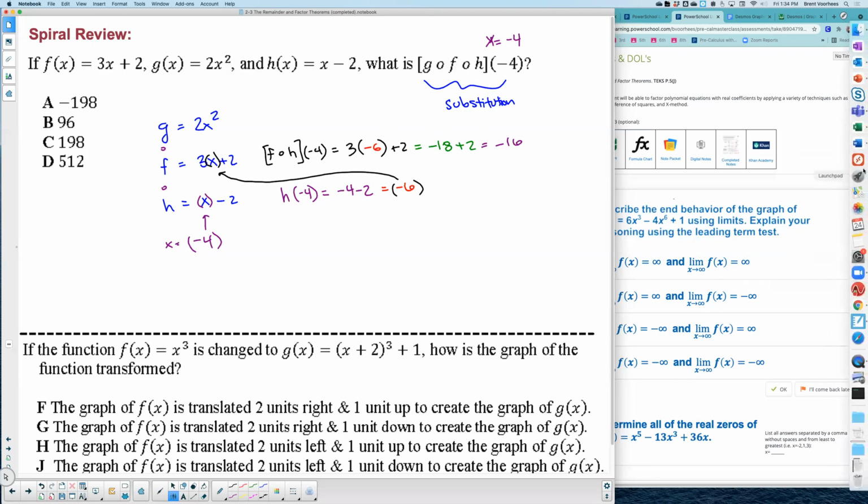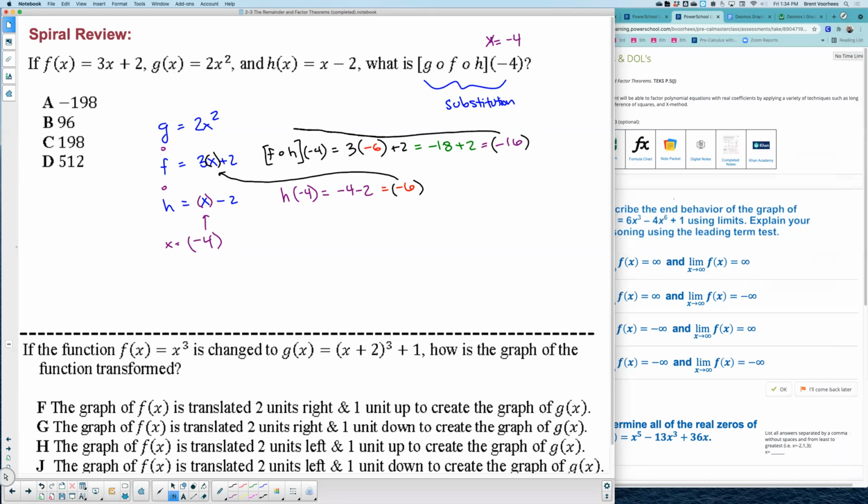So now I'm going to take this -16 and we will substitute that right here in for this x, which means that g of f of h of -4 will equal 2 times, substitute the -16 in for x, negative 16 squared.